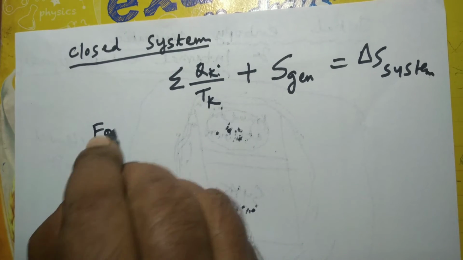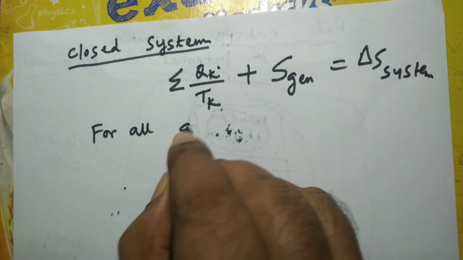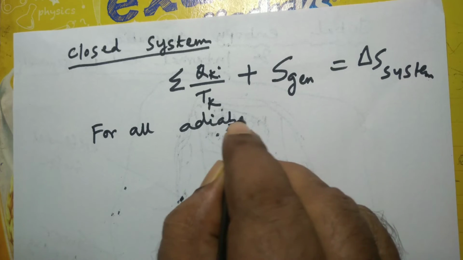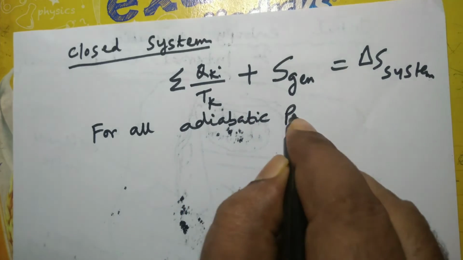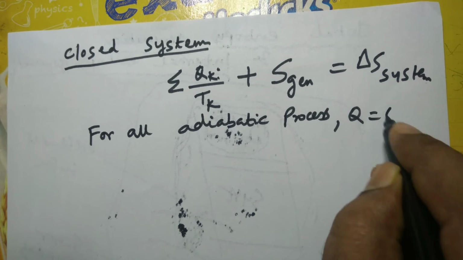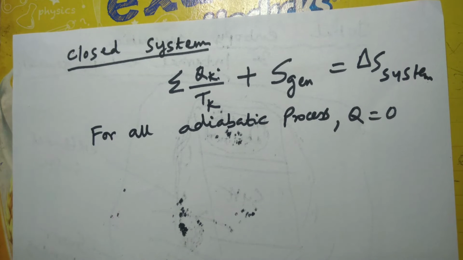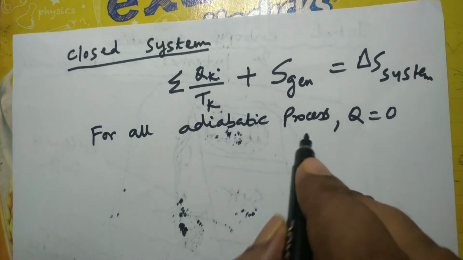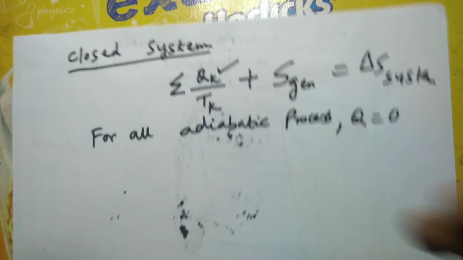For an adiabatic process, Q equal to 0. There is no heat interaction between the system and surroundings in case of an adiabatic process. So for an adiabatic process this term will be 0.